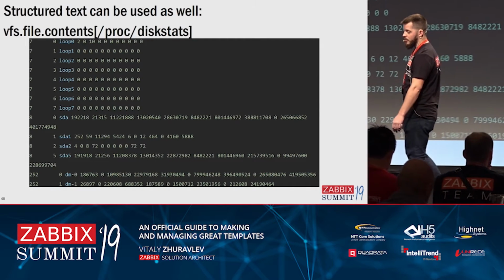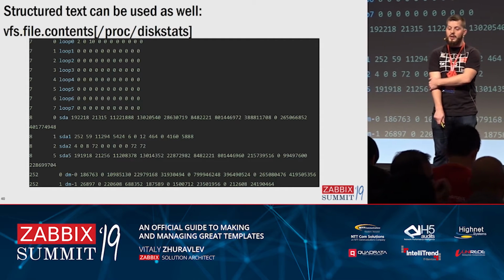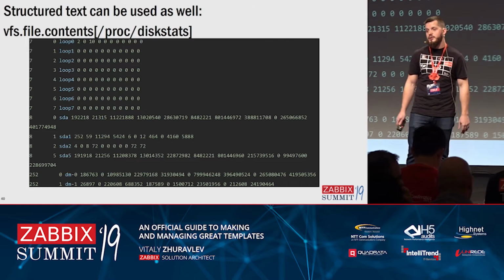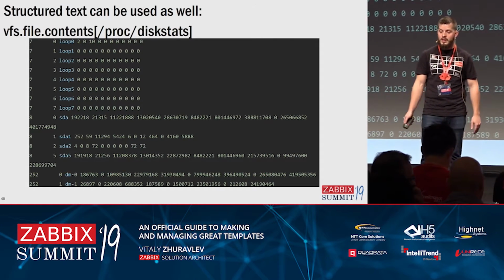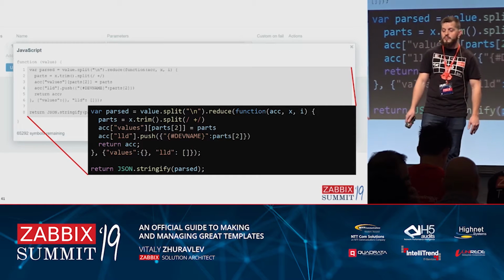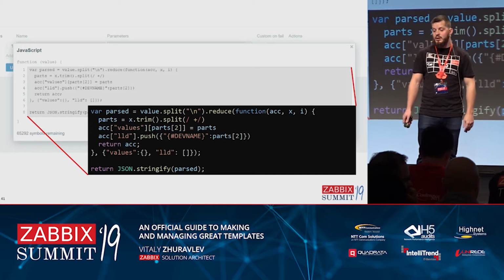Finally, another example, already mentioned by a colleague of mine, is that you can also parse just any text, basically, like proc disk stats. Again, JavaScript can be applied on such output, and you can get all values and low-level discovery from that.